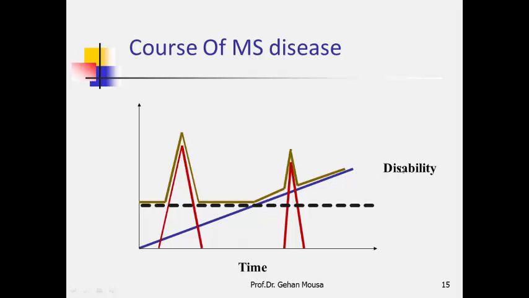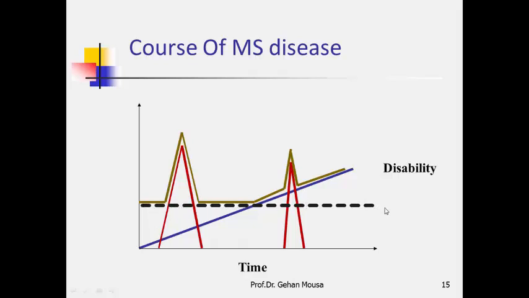This means the patient is not relieved by any treatment. The interrupted black line means the attack occurred early and resulted in a plateau.